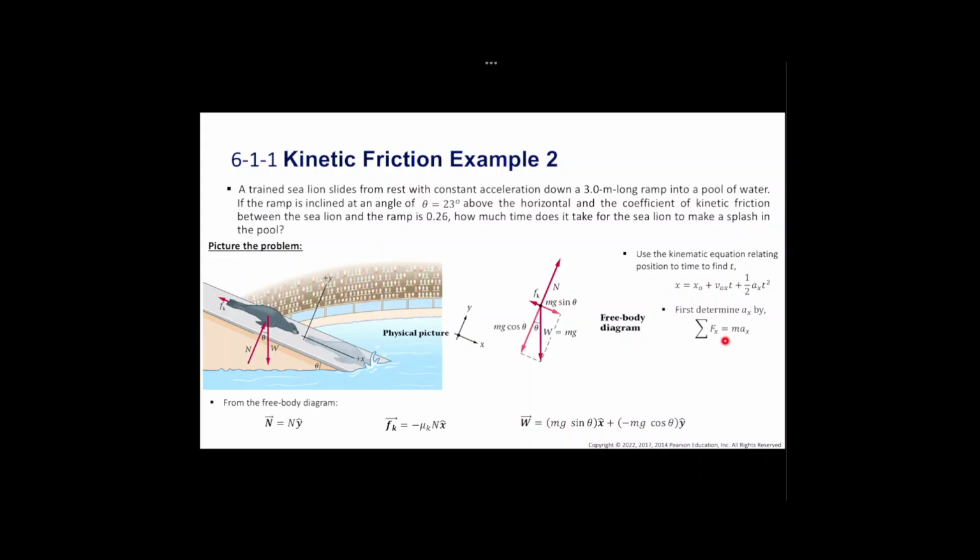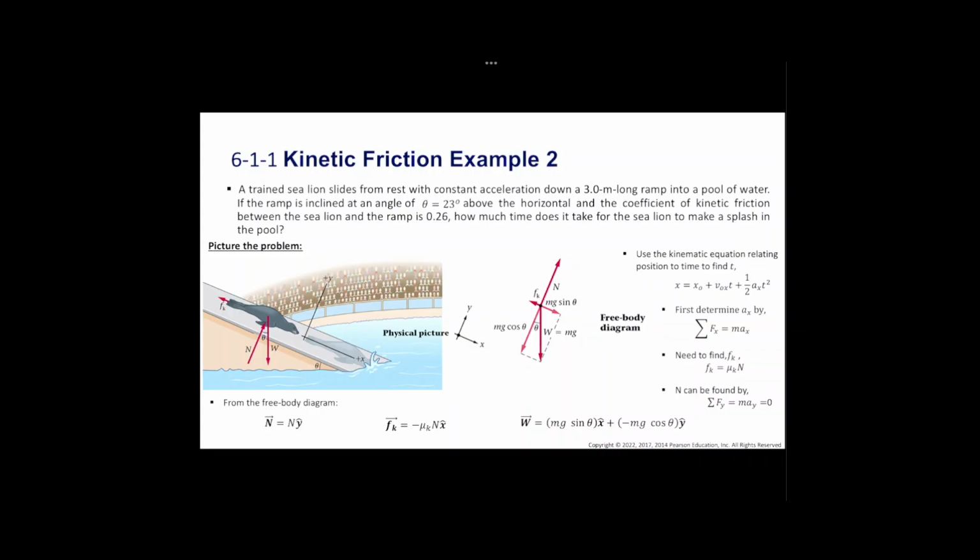To find the force in the x direction, we have to find the frictional force Fk, and we know that Fk is mu k times n, and mu k is given. We can find the normal force by using Newton's second law of motion in the y direction, because in the y direction, the acceleration is 0.